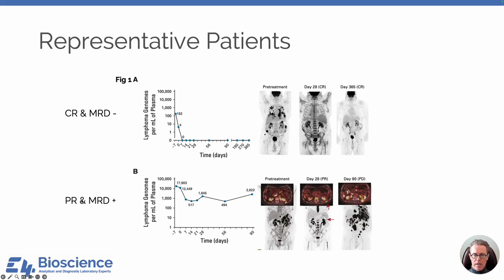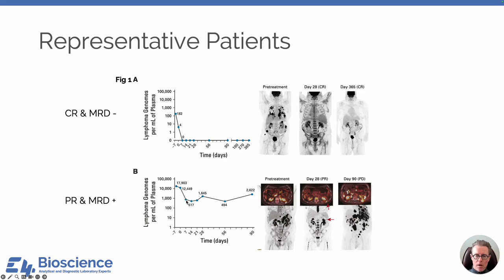This is in contrast to figure 1B, which has a patient in a PR post-treatment and also never gets to MRD negativity. You can see this patient has 17, almost 18,000 lymphoma genomes per mil before they start lymphodepletion.